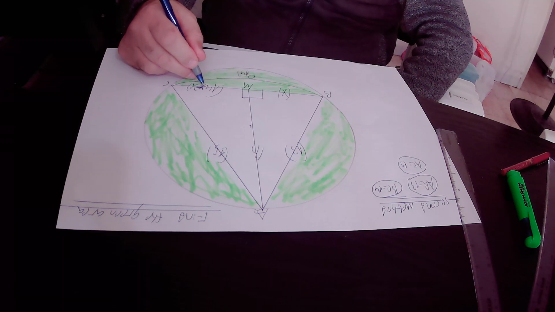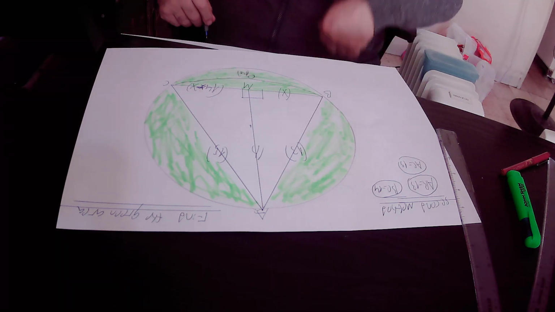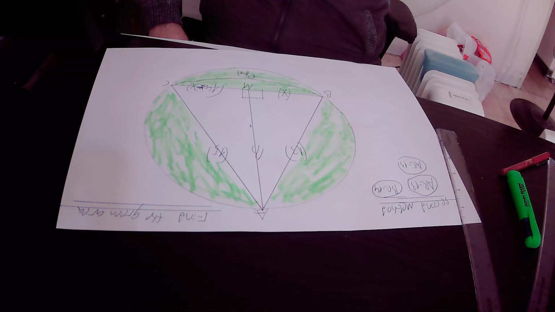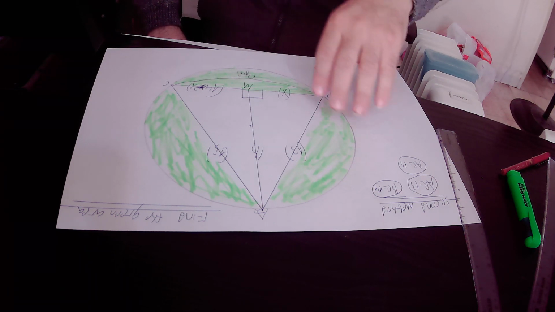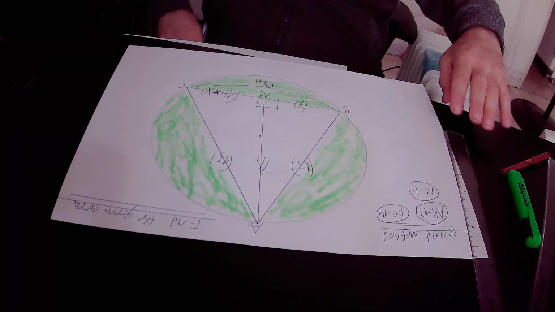In the next step, I will copy the right triangle ABM onto a new page, and we will apply the Pythagoras theorem on this triangle.